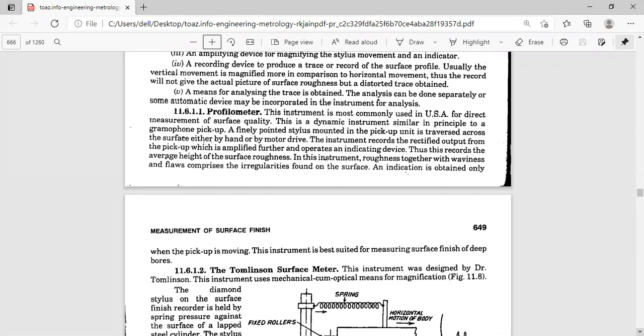So what will be happening? Because the pickup unit has the induction coil moving in the field of a permanent magnet, which is there in the diagram, not shown here, the movement will be converted into voltage form. Try to see another textbook, or see it at the end of the chapter.